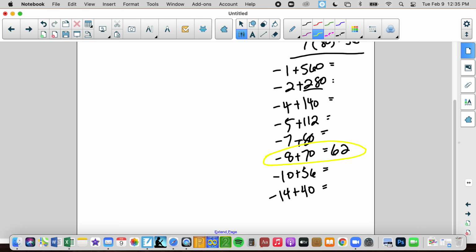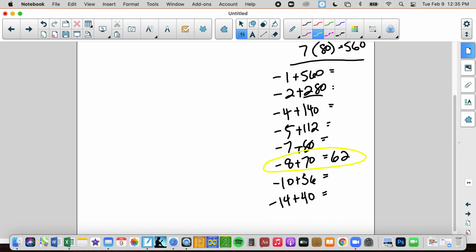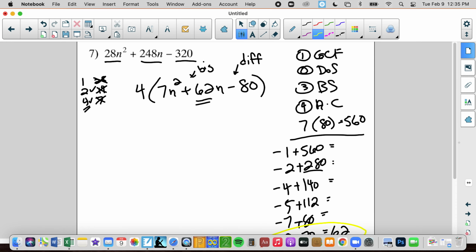So notice I came up with an issue. When I was adding, there was no 62. So I went back to my work, because I knew I had to have made a mistake somewhere. That's why I took the time to go back, and I found my mistake, and now I'm able to be successful.